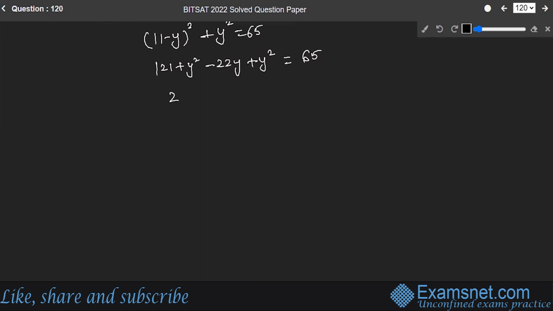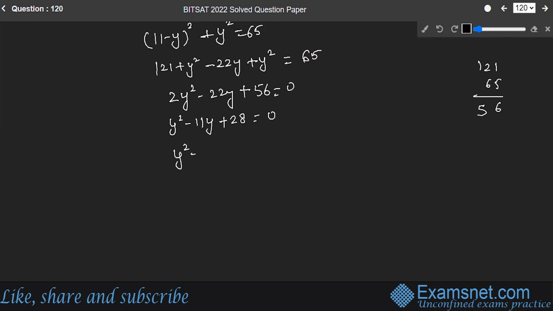You have this as 2y square minus 22y plus 121 minus 65, which gives me 56, is equal to 0, or here y squared minus 11y plus 28 is equal to 0.